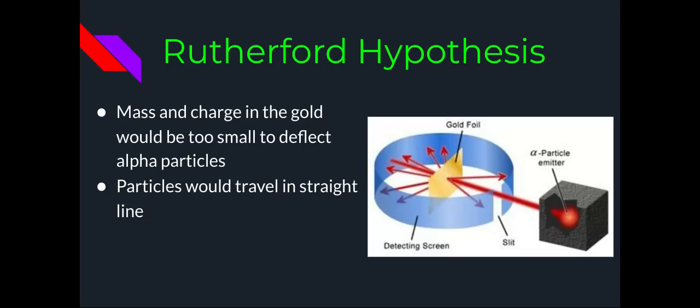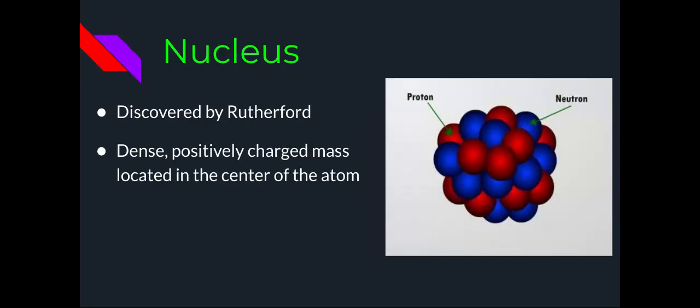They found that some of the alpha particles bounced back the direction they came from. The hypothesis was that the mass and charge of the gold would be too small to deflect alpha particles, and that they would travel in a straight line. But through the experiment, they found out that some of the particles were reflected back, which means that whatever they were hitting was probably a positive charge. This is how they discovered the nucleus.